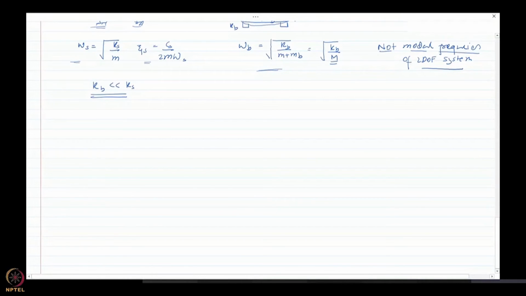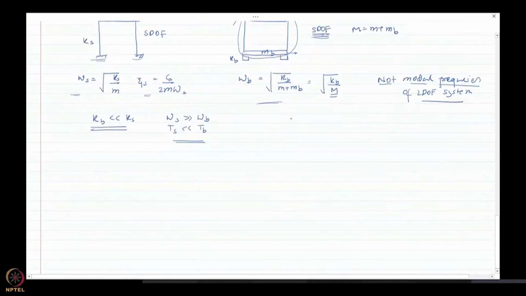So that's why, if you consider the equation for omega S and omega B, I can say that the superstructure frequency would be much larger than the overall base isolated structure frequency, or vice versa, the time period of the superstructure would be much smaller than the time period of the base isolated structure.